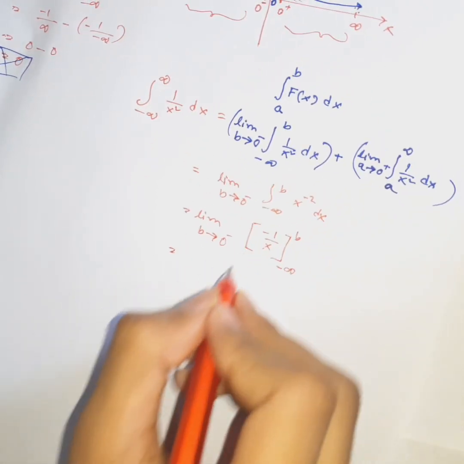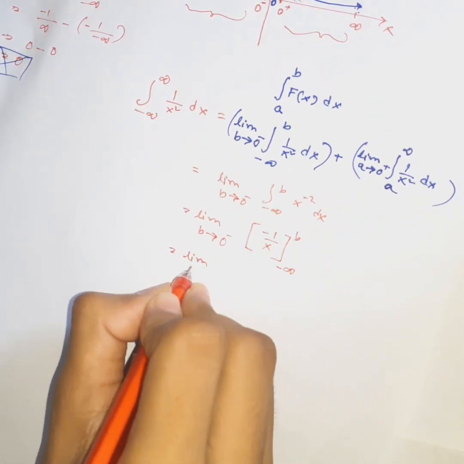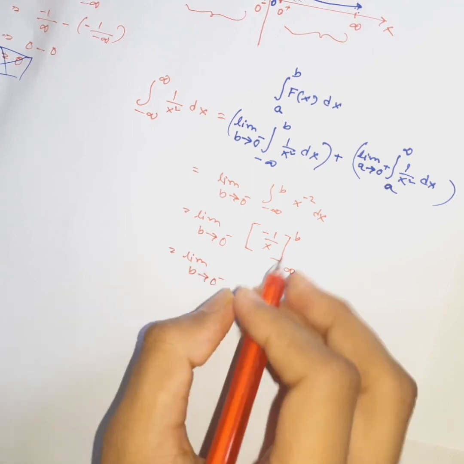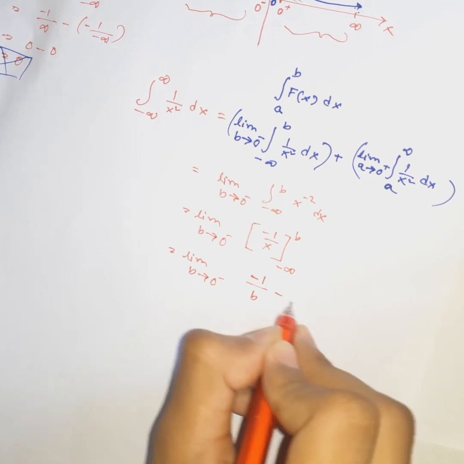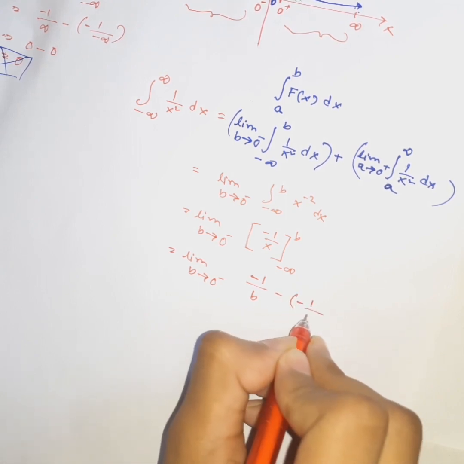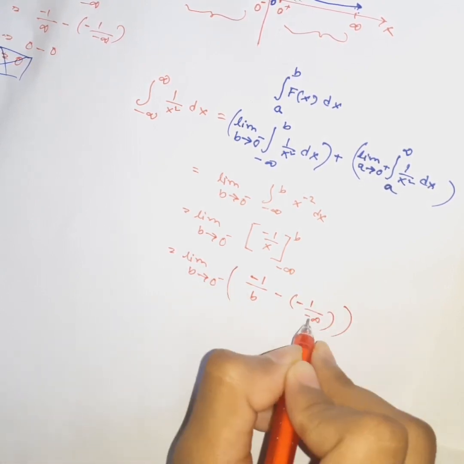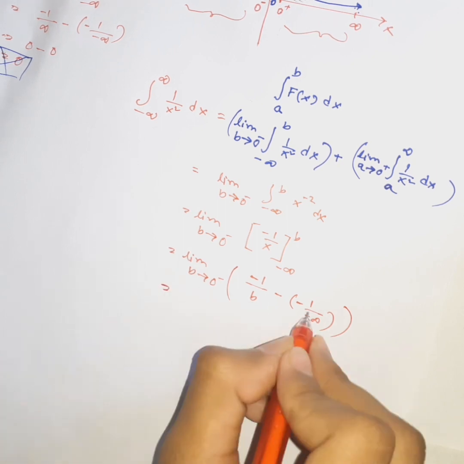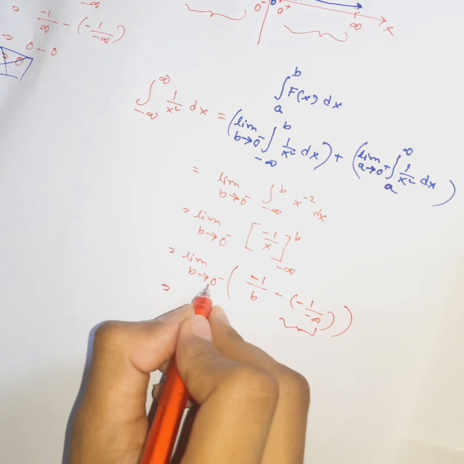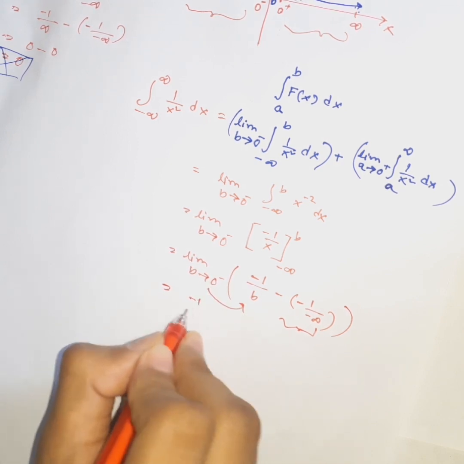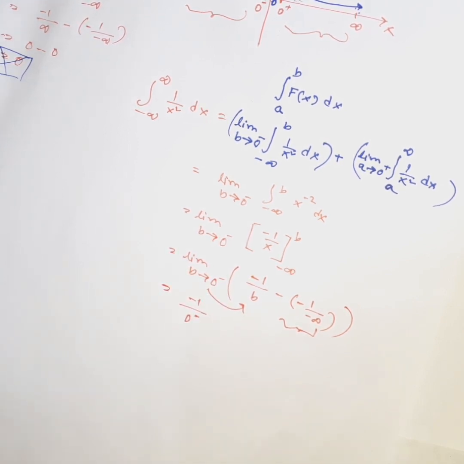Now plug in this value, limit b goes to 0 minus, minus 1 over b minus minus 1 over negative infinity. Now you see, this is again 0, so you don't need to write this part anymore, and now plug in this here, so you get minus 1 over 0 minus.